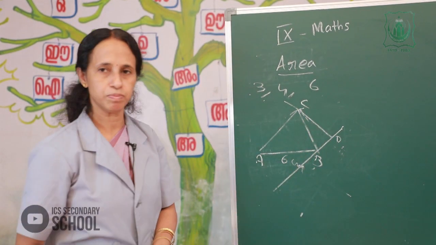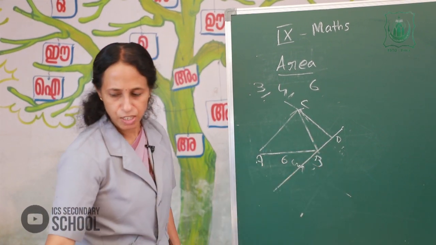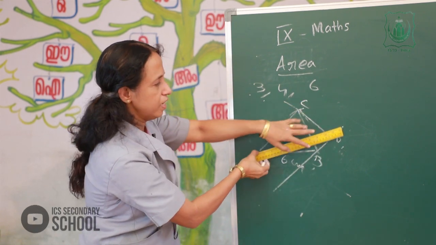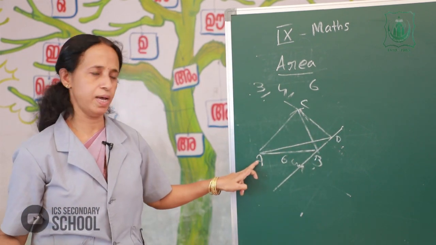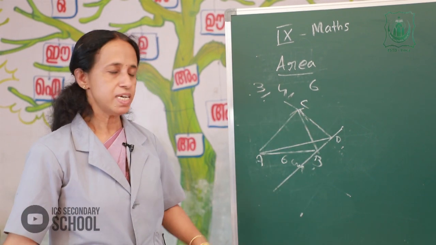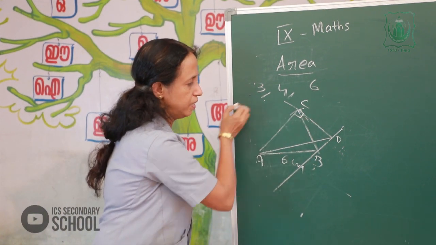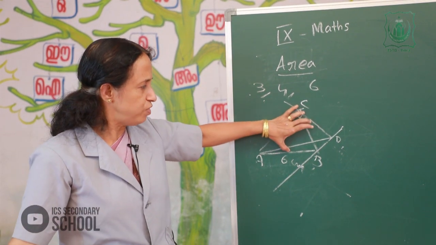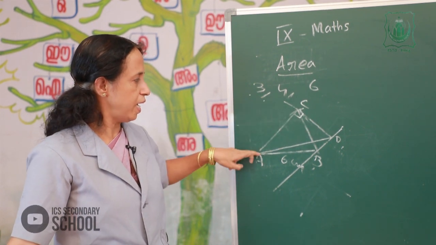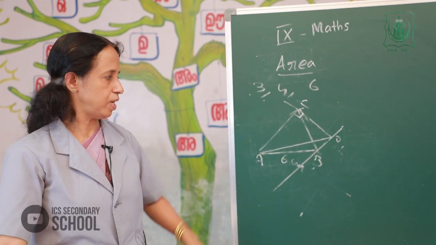Connect C to D. Then connect D to A. Here triangle CDA, or triangle ADC, is the right triangle. Here the angle is 90 degrees. These triangles have the same area. Triangle ADC and triangle ABC have the same area.